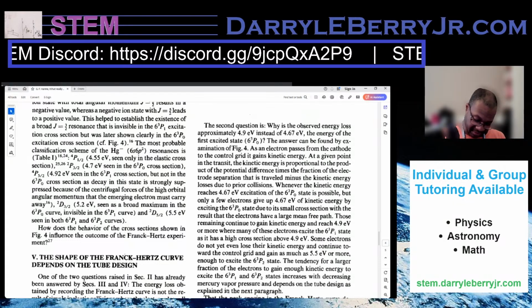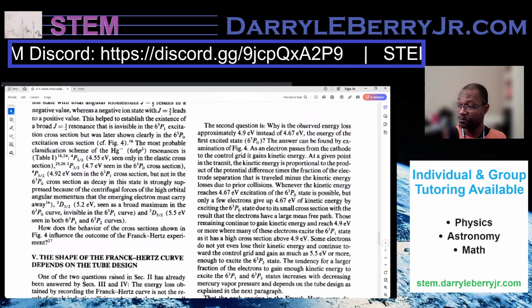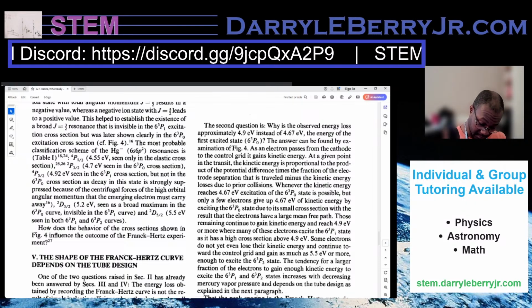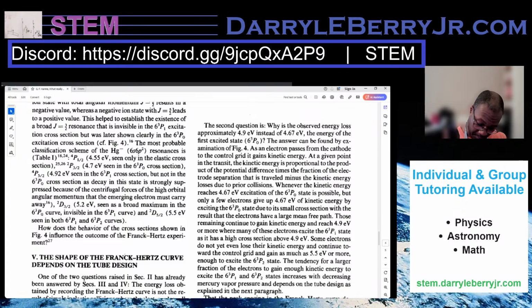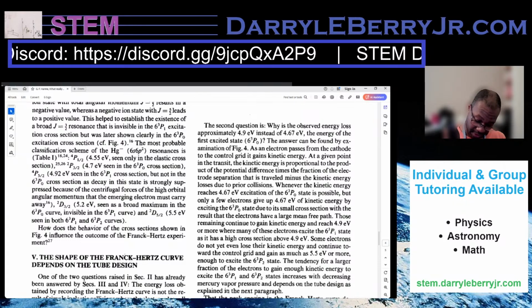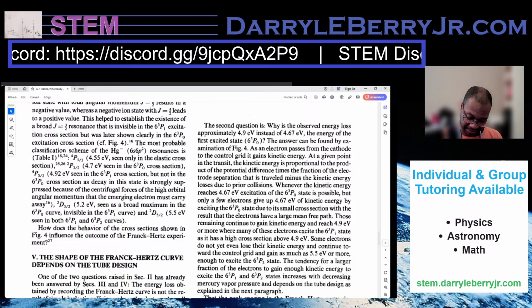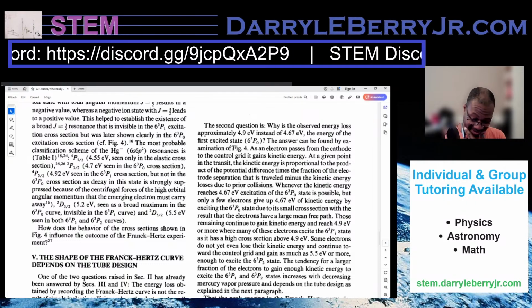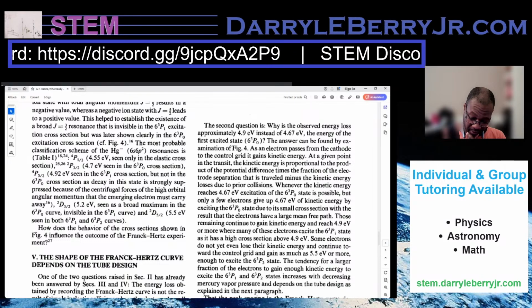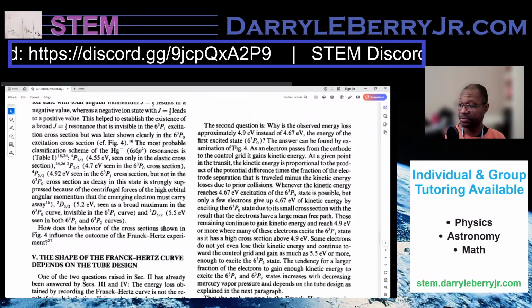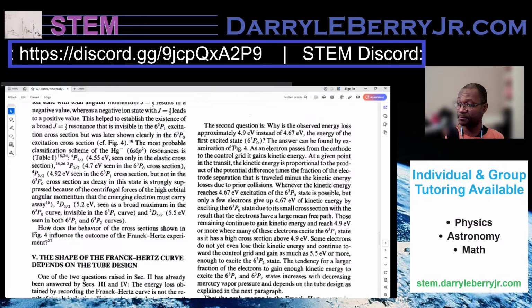Right? So the kinetic energy is proportional to, at any given point, the change in voltage times the fraction of the distance traveled divided by the distance total, minus the kinetic energy prior loss due to collisions.